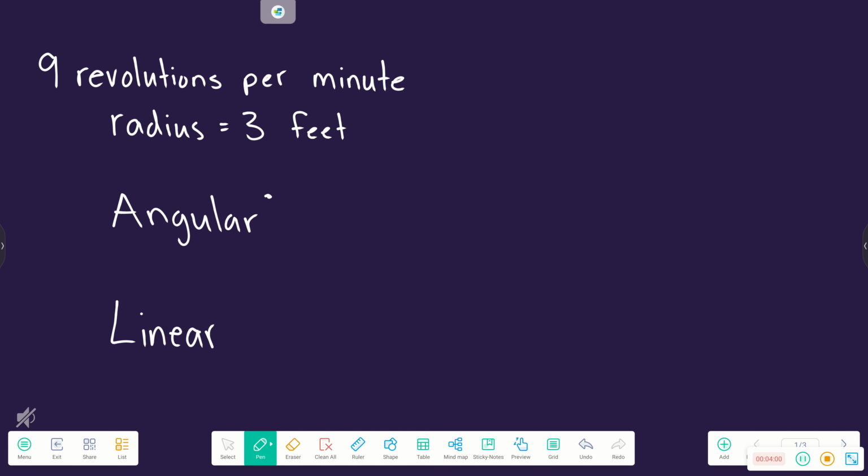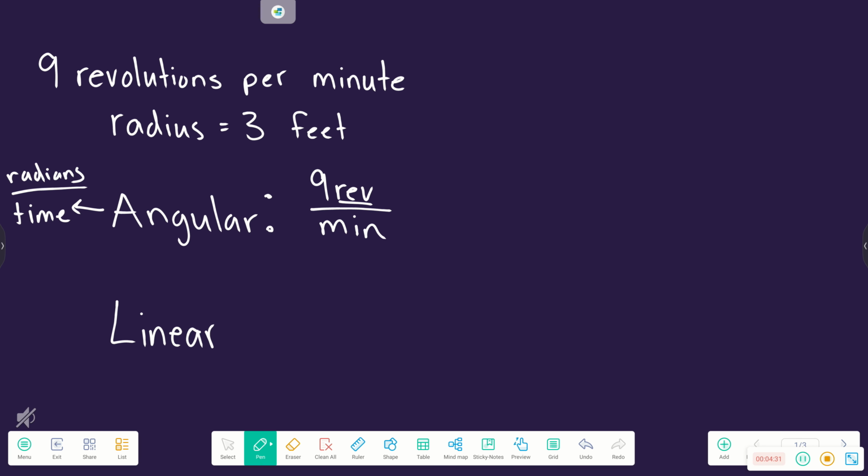For both, we are using our dimensional analysis. So for my angular, I'm going to start out writing my fraction. I have 9 revolutions per minute. Now, reminder for angular velocity, we are always looking for radians per some amount of time. So I really don't care about the minutes here, but I do care about the fact that I have revolutions when I should have radians.